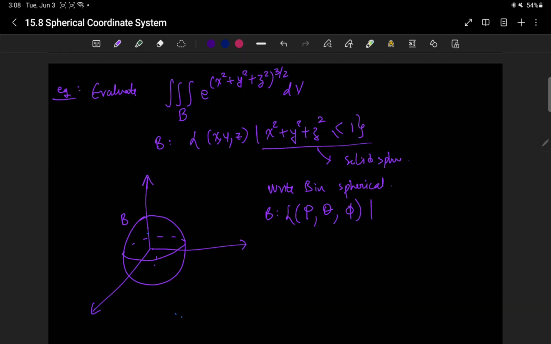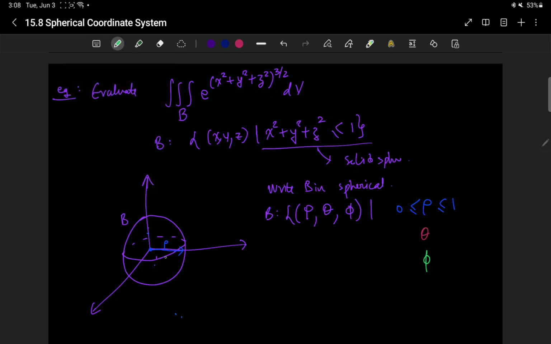Writing this in spherical form means we have to write how rho changes, how theta changes, and how phi changes. So let's try to understand what's going on here. First of all, how does rho change? Rho goes from 0 to 1. And that's basically going from this point to the edge of the sphere. So that's your rho. Next, we're looking at theta. Now, how is theta changing?